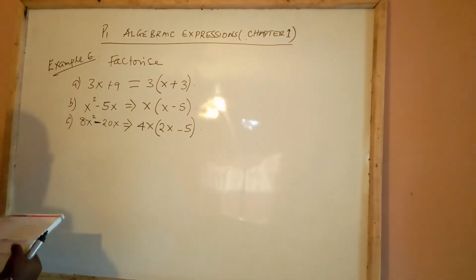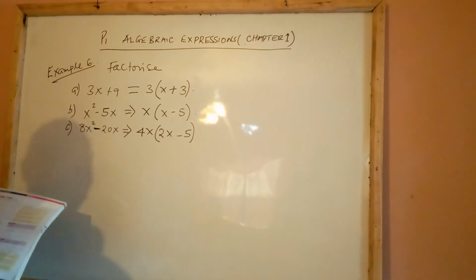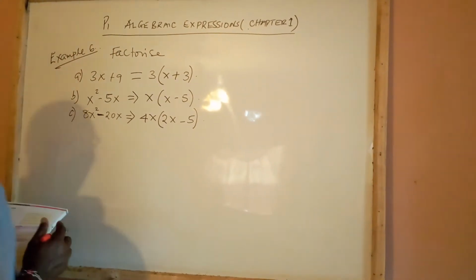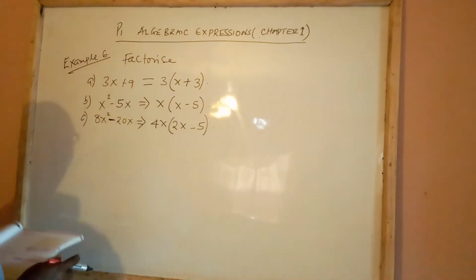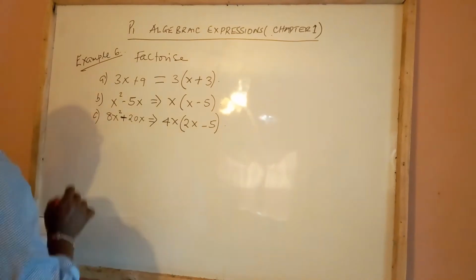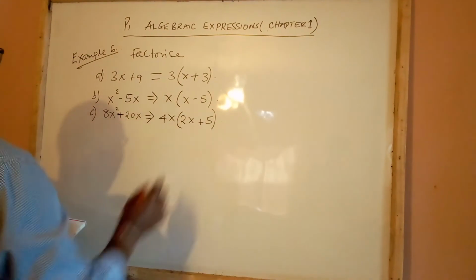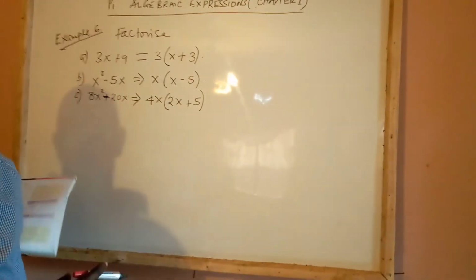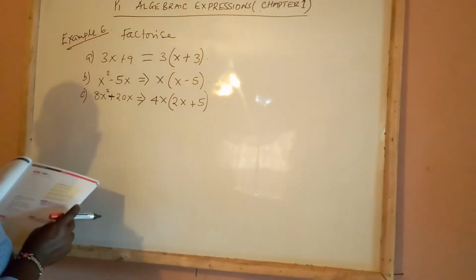So we have 4x outside the bracket. The original question was 8x squared plus 20x, so this one gives us plus, but there is no problem. If it was negative, then it would have been 2x minus 5.